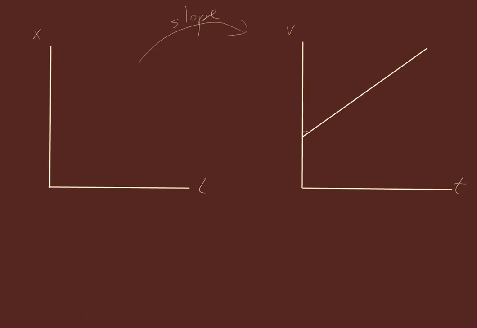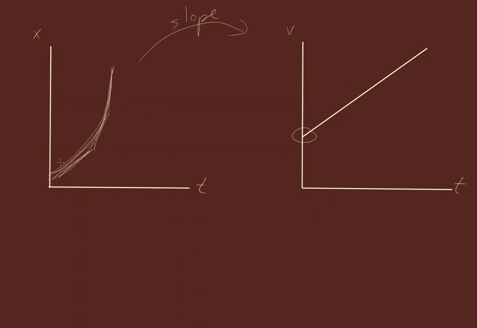So what we see here is that we should have a slope that is non-zero, and it should be increasing in the positive direction. So we should have maybe something that's already going up, and it should be getting greater in magnitude. So we can see that it's kind of a curve.